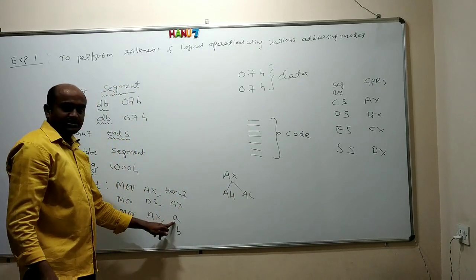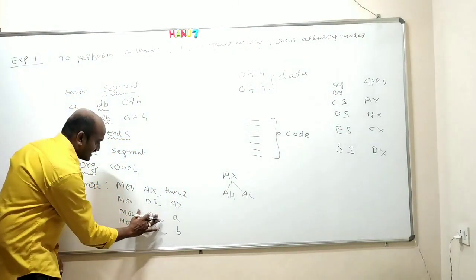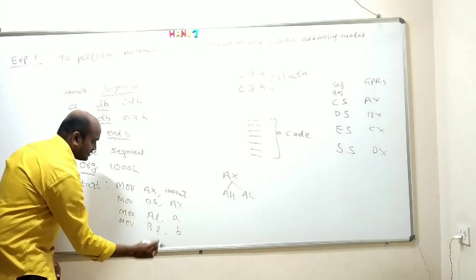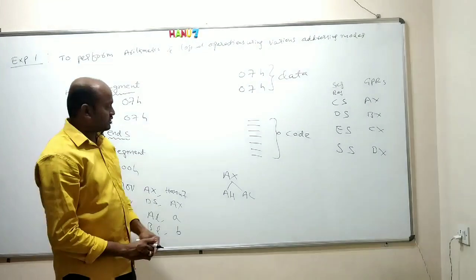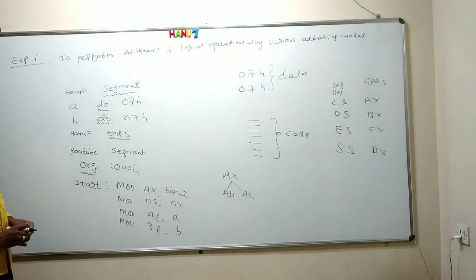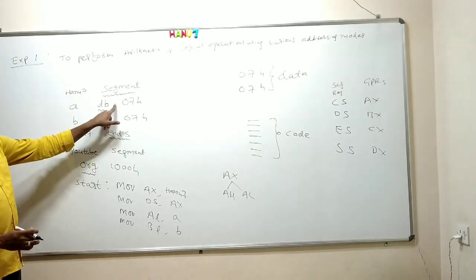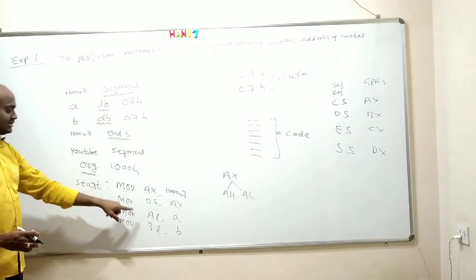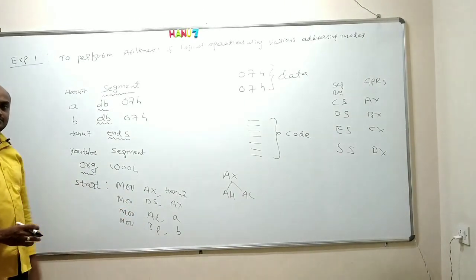Because we are working with an 8-bit number, write AL instead of AX. Similarly here, BL instead of BX. That means I am using only the 8-bit register, not the complete 16-bit register. If you are working with a 16-bit number like 1007, then we will write DW here and then we will use AX and BX here.